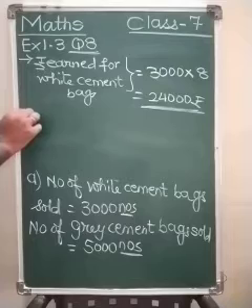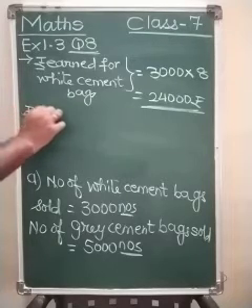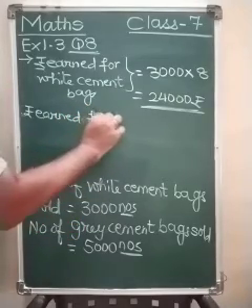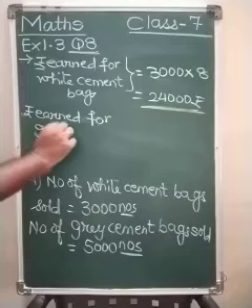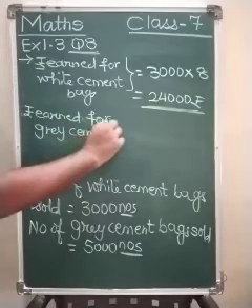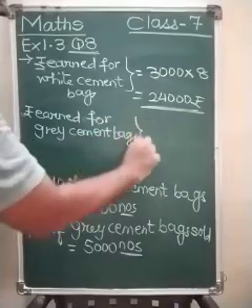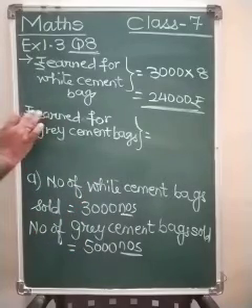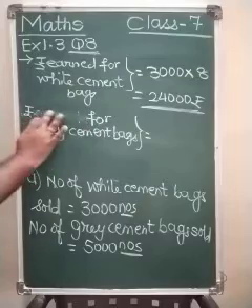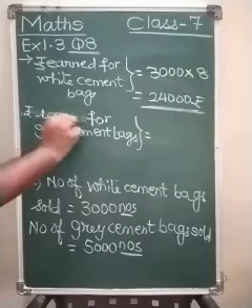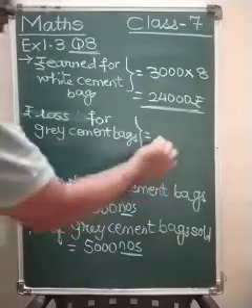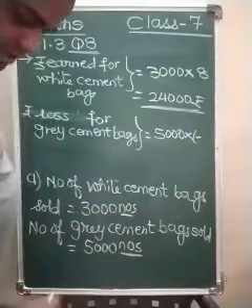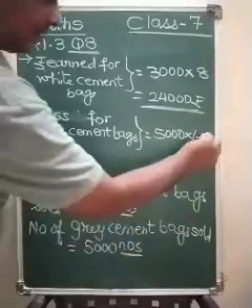Amount we'll write in rupees only. Rupees loss for grey cement bags, since it is a loss, equals 5,000 bags sold multiplied by minus 5.